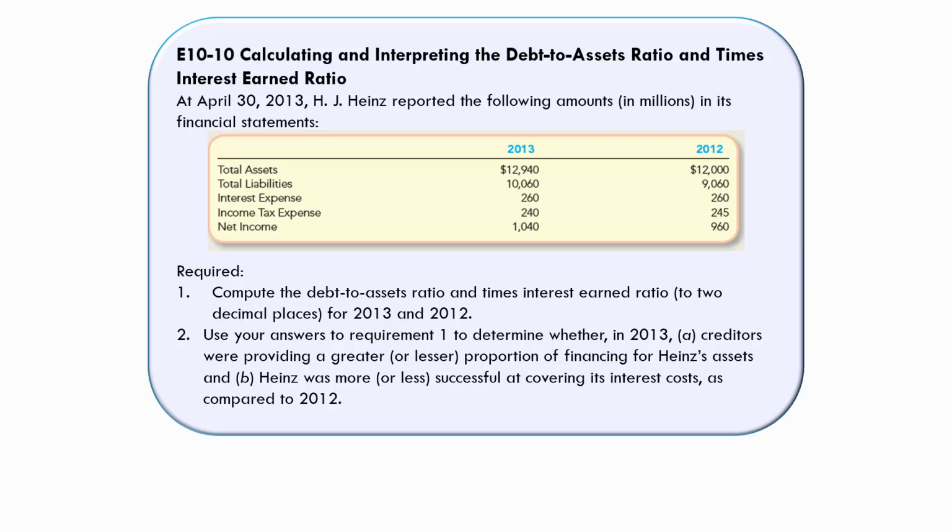The other thing we're going to need to know is we're going to calculate EBIT, earnings before interest and taxes. Earnings before interest and taxes means we have to add interest and income taxes to net income to get the EBIT number in our numerator, and our denominator is going to be interest expense.